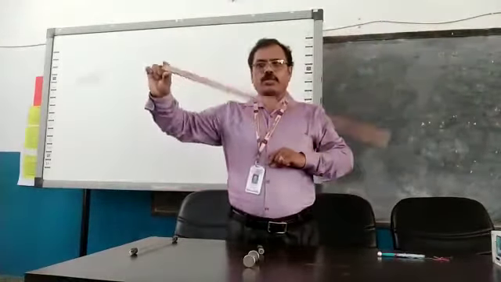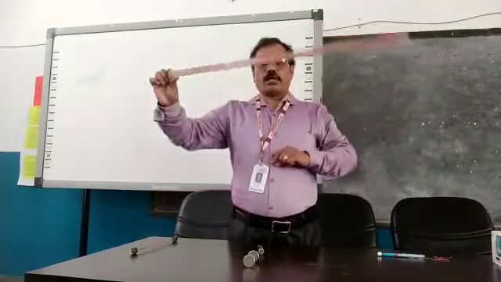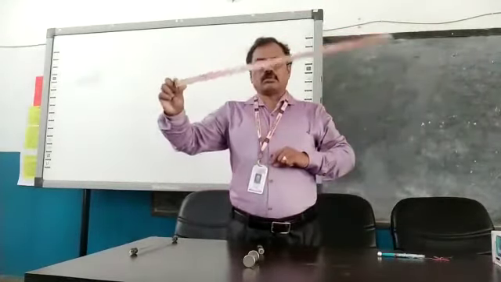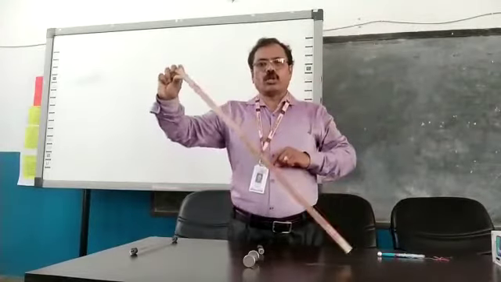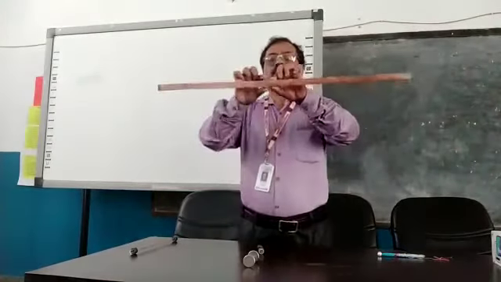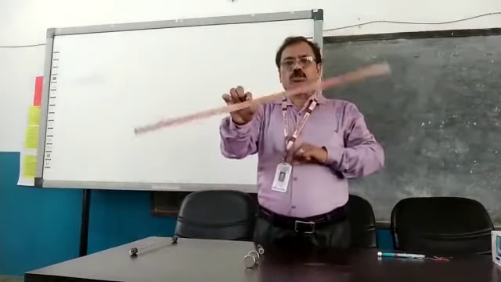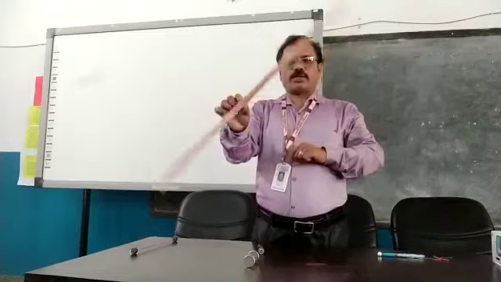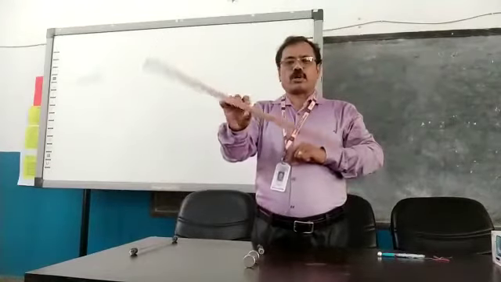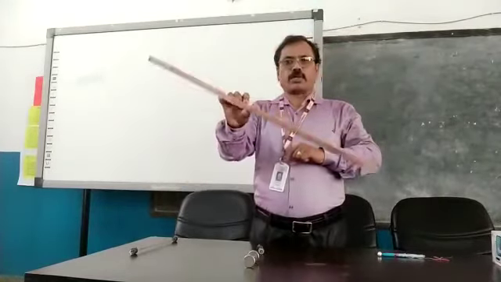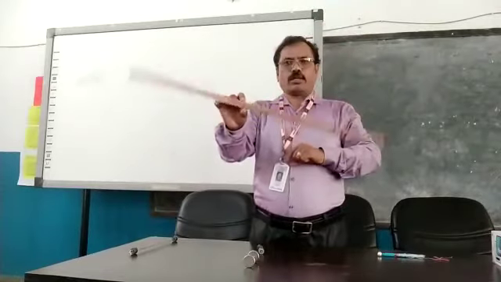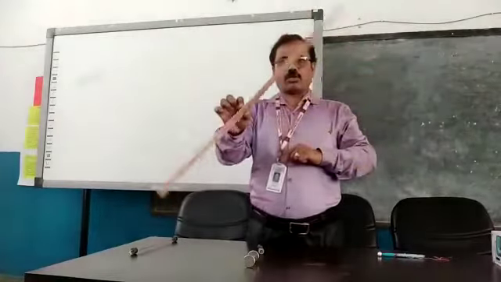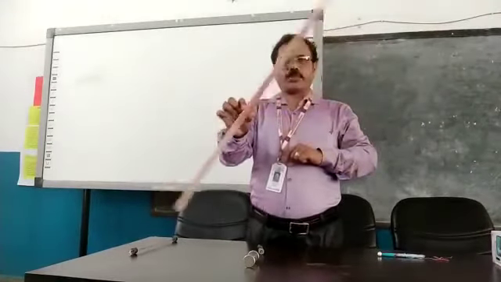This is because at the end, the moment of inertia of the rod is more, so it is not able to rotate. But at the center, it is very comfortable and easy to rotate, because the moment of inertia at the center is very less. This is the second observing activity on moment of inertia.